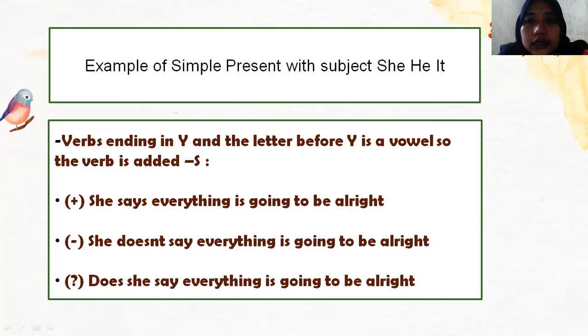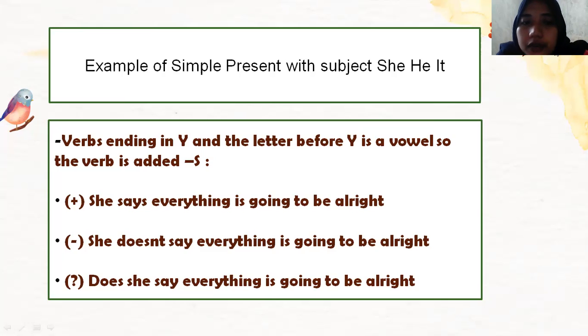We can see the verb is a verb ending in y and the letter before y is a vowel, that is a before y, and we use s. She says everything is going to be all right.